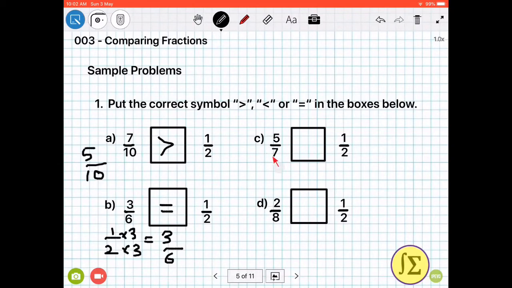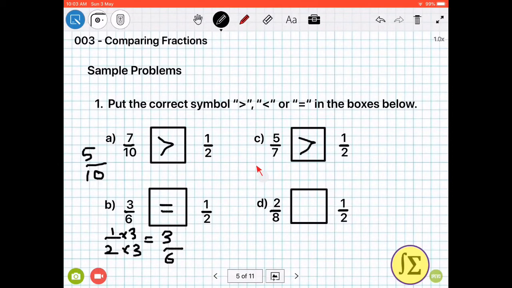So for 7, the midway point would be 3.5, and since this numerator has a value of 5, which is larger than 3.5, that means the fraction 5 over 7 would be larger than half.